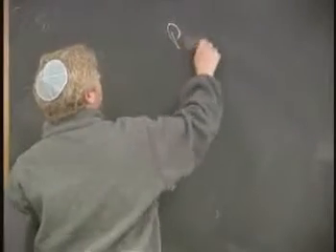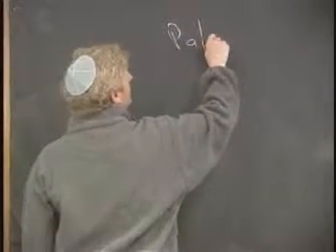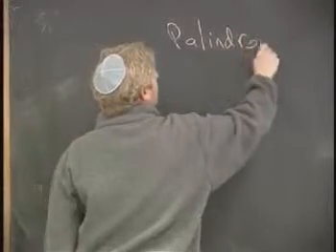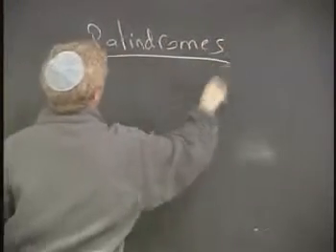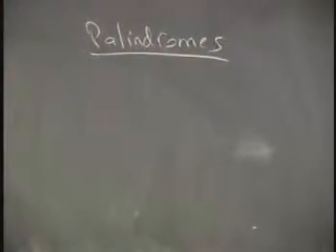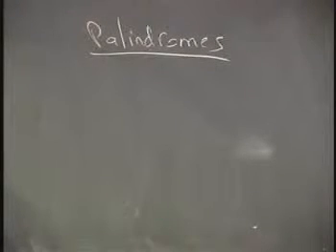Okay, let's do the example that Dimitri wrote on the board yesterday, palindromes. From the Greek, running backwards.